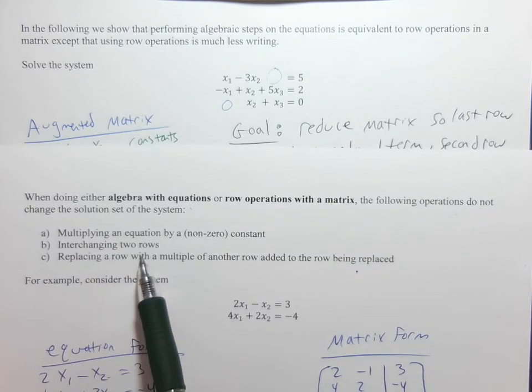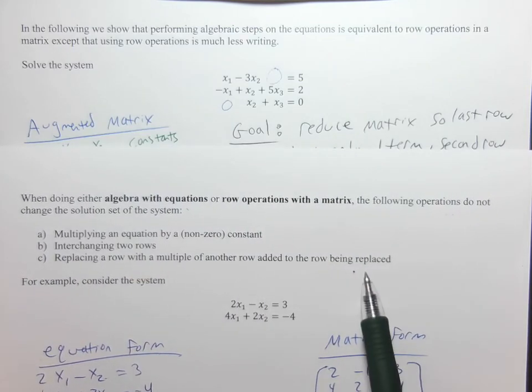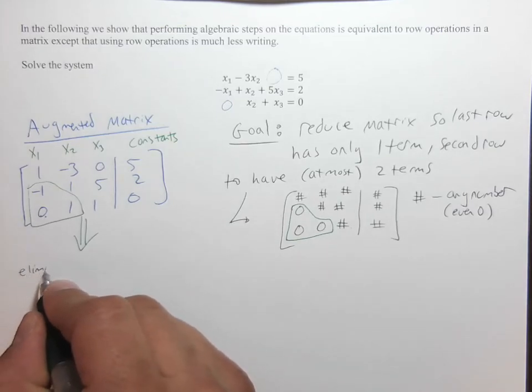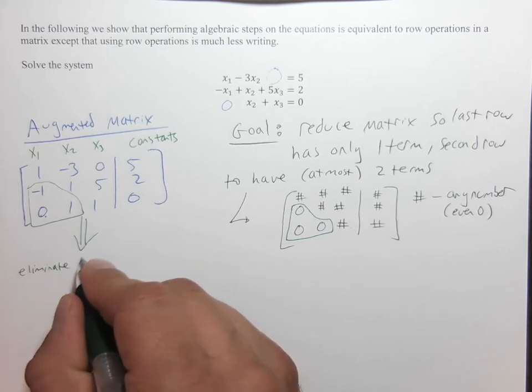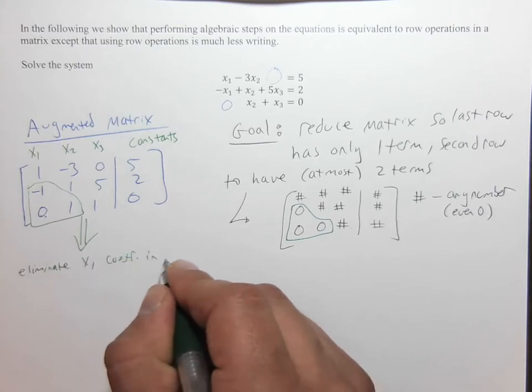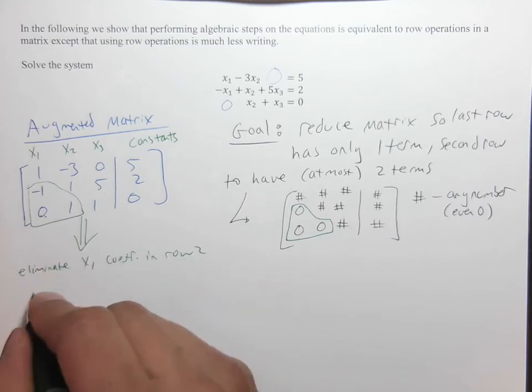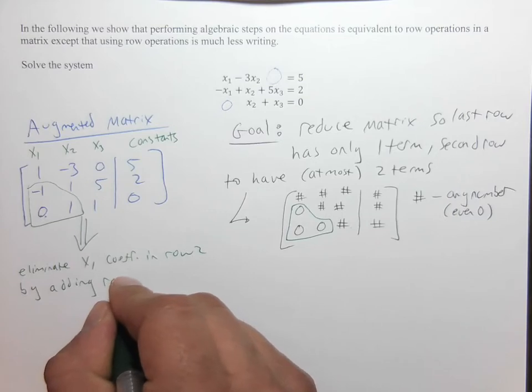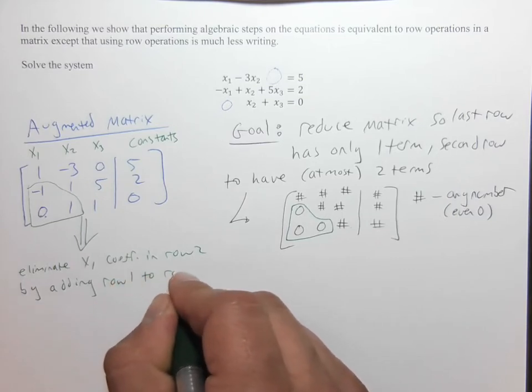You have to replace one row with a multiple of another added to it. So what I'm going to do is eliminate the x1 coefficient in row 2 by adding row 1 to row 2.